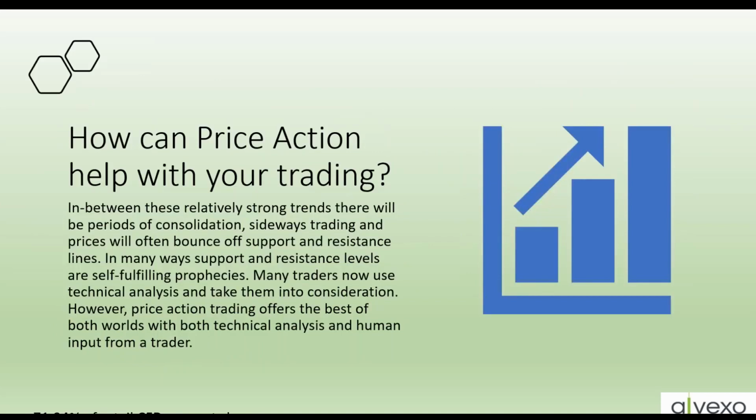In between these relatively strong trends, there will be periods of consolidation, sideways trading, and price will often bounce off of support and resistance lines. In many ways, support and resistance levels are self-fulfilling prophecies. Many traders now use technical analysis and take them into consideration. However, price action traders often offer the best of both worlds, using technical analysis and human input from the trader.